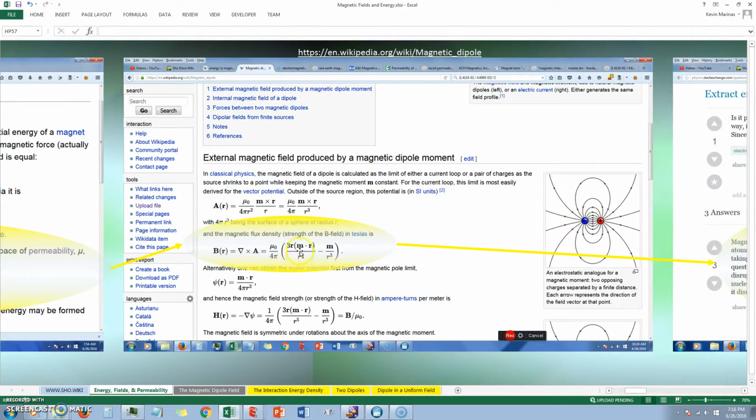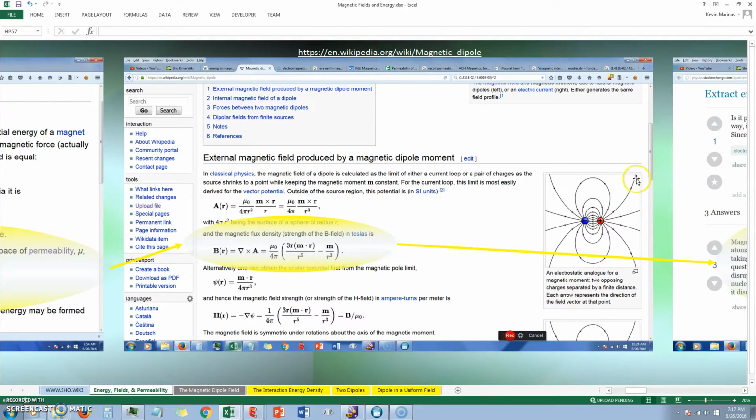Okay. Now this term over here is responsible for the radial components of the magnetic field because it has the vector r here, and it's multiplied by the dot product of two vectors, which means a scalar. But if you take a vector times a scalar, you get a vector. And this vector will point in or in the opposite direction to the vector r for any given point.